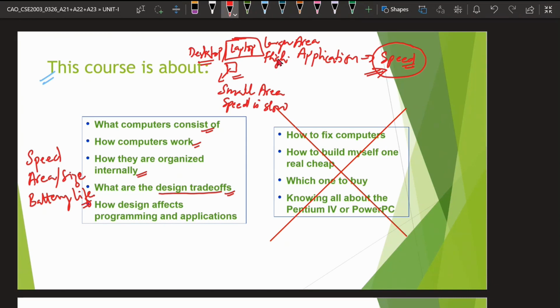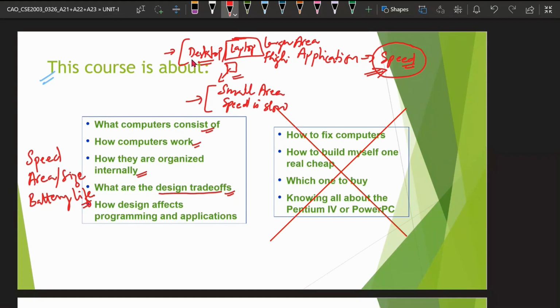If the area requirement is large, area is a limitation, but speed is the advantage. Similarly, in terms of mobile, area is small and speed is slow. That means the area we utilize is less, but the speed is slow. So somewhere we are compromising: in desktop we compromise with the area requirement, and in mobile we compromise with the speed.